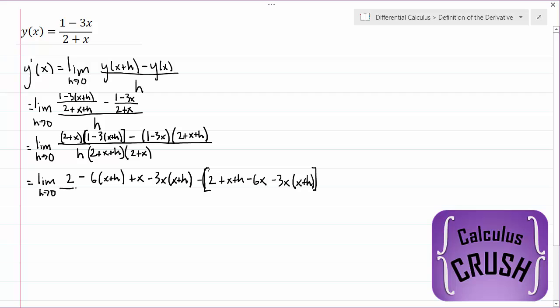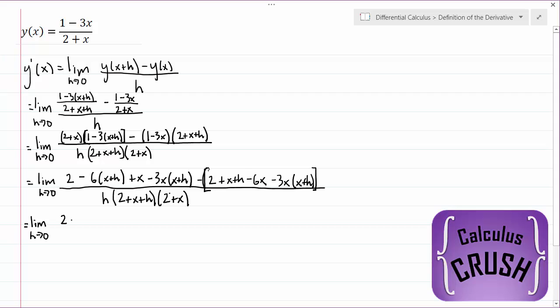And this is all divided by h times (2 plus x plus h) times (2 plus x). Okay, and we got to do probably one more expansion to get rid of all the bracket signs here so we can start canceling terms out.